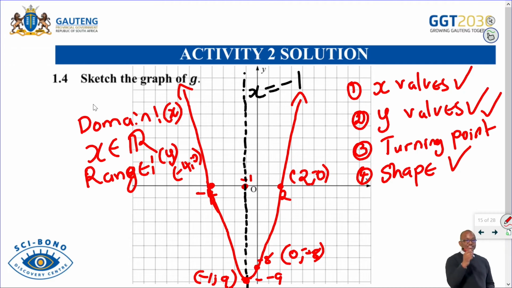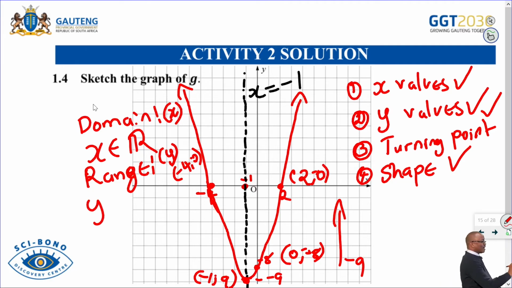It means below -9, if we say -10, the graph is not defined there. So the graph starts to be defined from -9 going upward. It means the minimum point on this graph is -9 on the y values. So now the range is going to be y is greater than or equal to -9. Remember, -9 is included. That's why I'm using y is greater than or equal to -9.